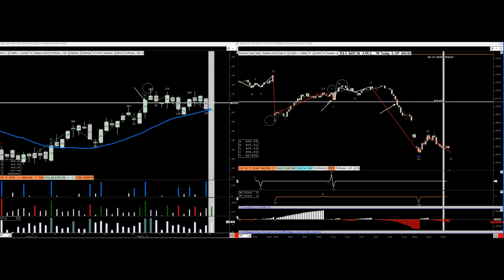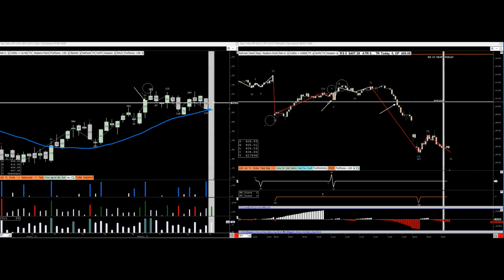How do you know that the market has gone from a phase of distribution to the markdown phase? Because of the markdown bar. Same thing with accumulation and markup. How do you know? You know because there's a markup bar.